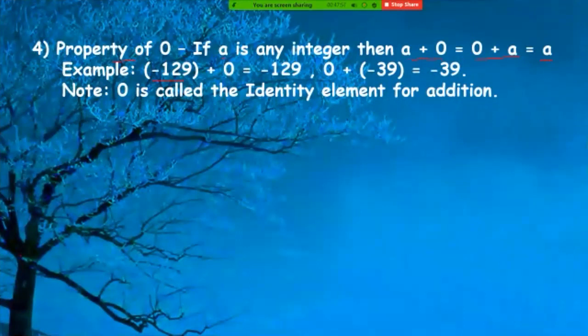This will be also equal to 0 plus minus 29, that will be minus 29. Here 0 plus minus 39, this will be also equal to minus 39 plus 0, that is minus 39. And there is an important point, that 0 is called the identity element for addition of integers.